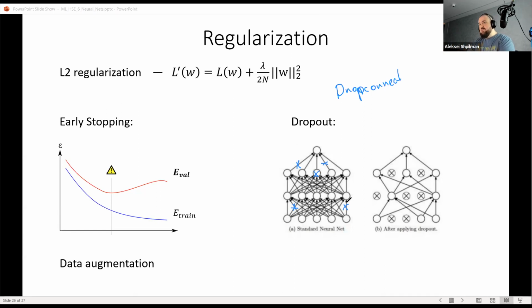And you always have to think about how much time and how many resources it will take, and if it can be implemented on a chip or not. So DropConnect was a very interesting idea, but it sort of fell away after trying to implement it.